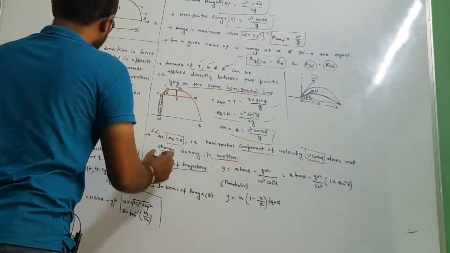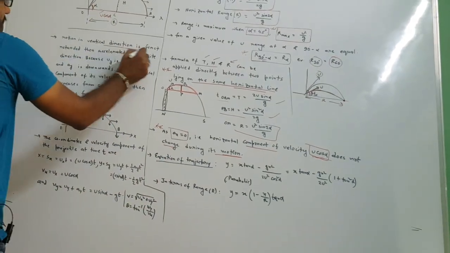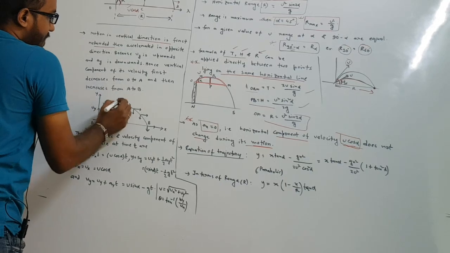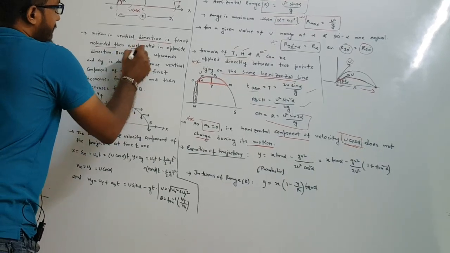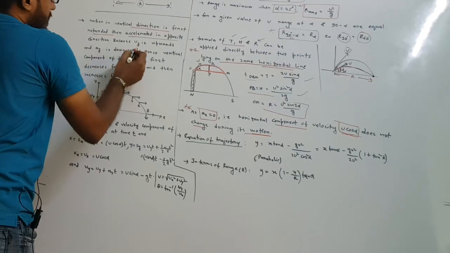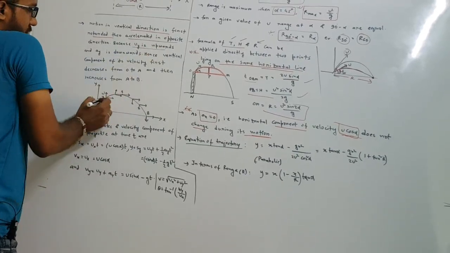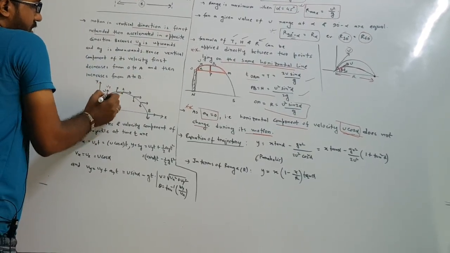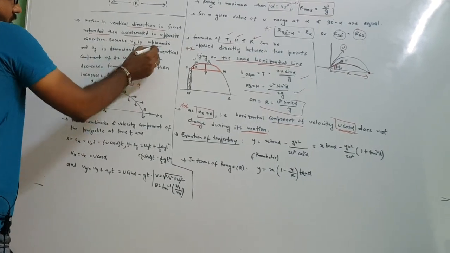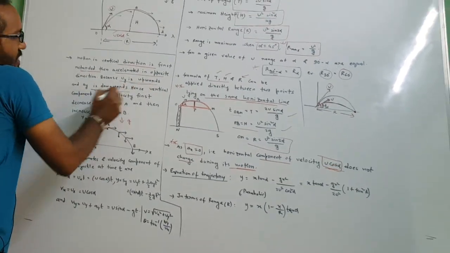Now see, motion in the vertical direction is first retarded, then accelerated in the opposite direction. Why? Because uy is upward and acceleration due to gravity is downward, right? Uy is upward and ay is downward.